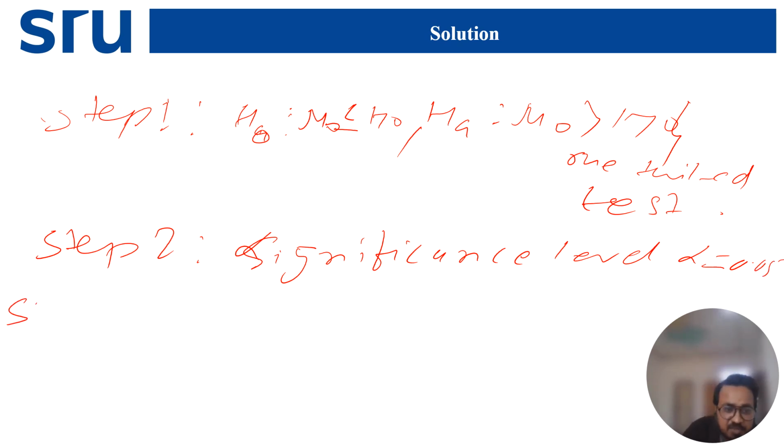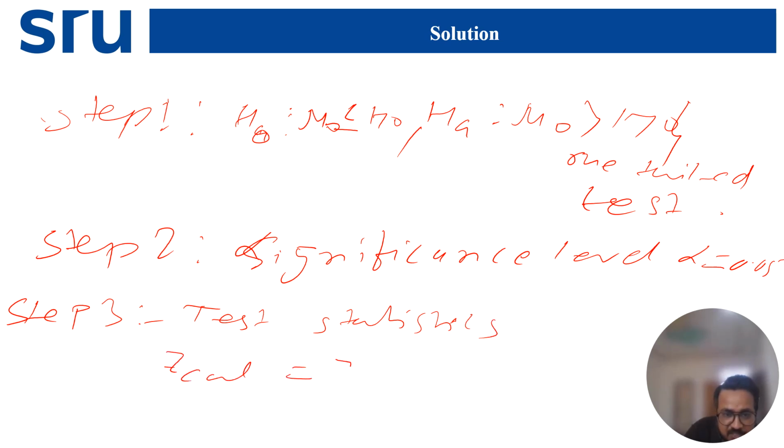So now in step 3 we will find the Z calculative value or Z statistic value, also known as the test statistic. So we will find that Z calculative, known as Z statistics, right? This is equal to the formula x bar minus mu naught by sigma by square root of n.